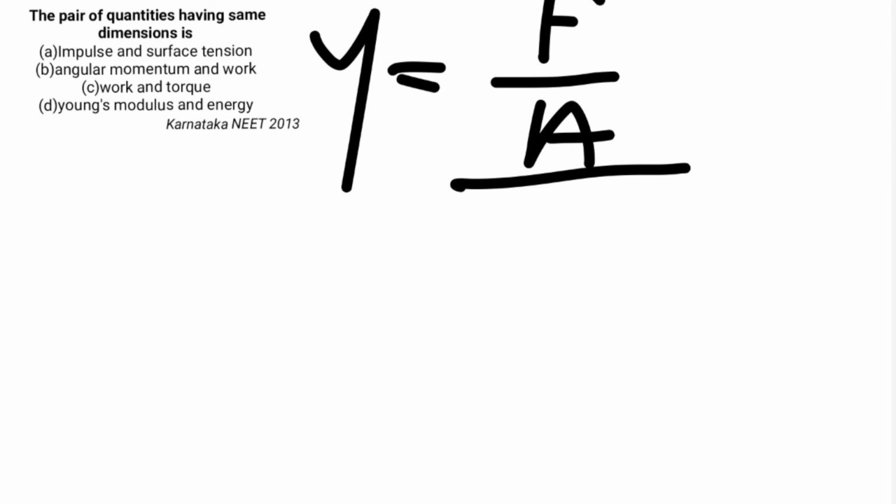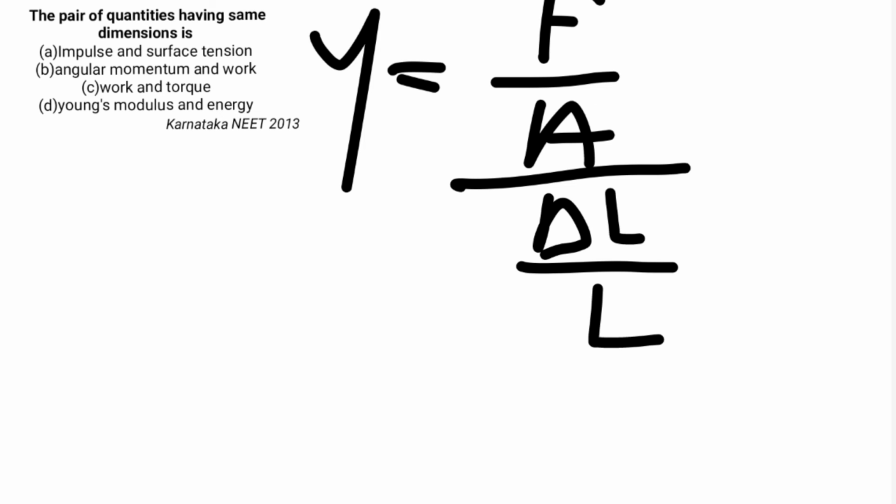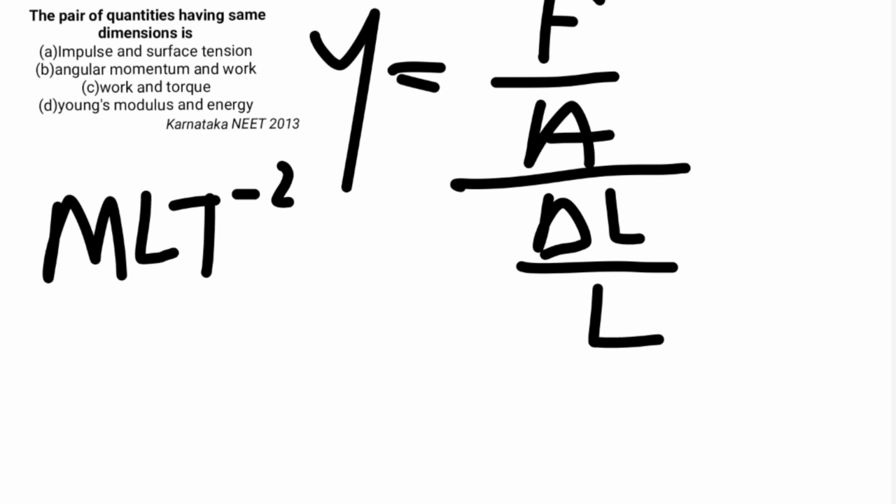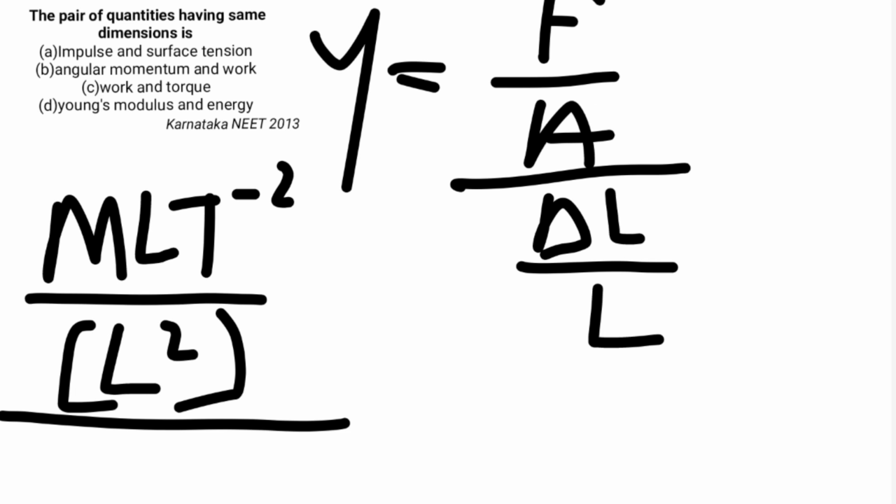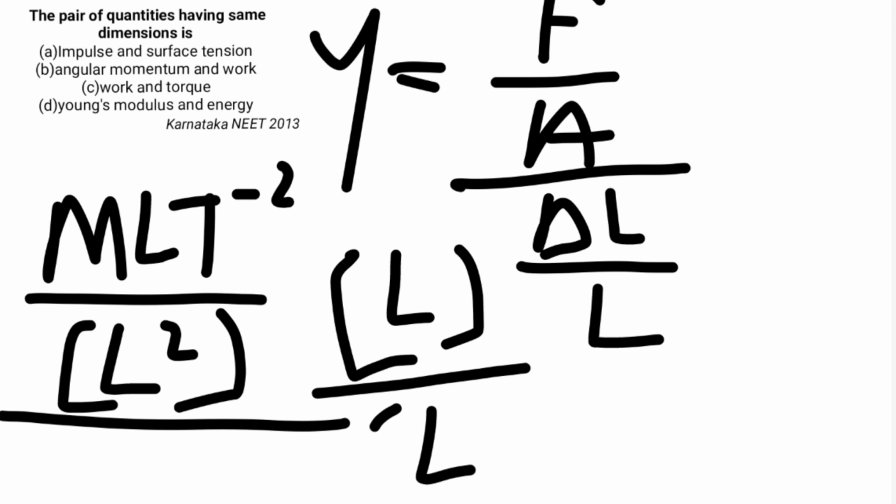Then let's check out the option D. The equation to find Young's modulus is force by area by changing length by original length. The dimension of force is MLT raised to minus 2. Area is L square. Delta L is L and L is L, cancel out.